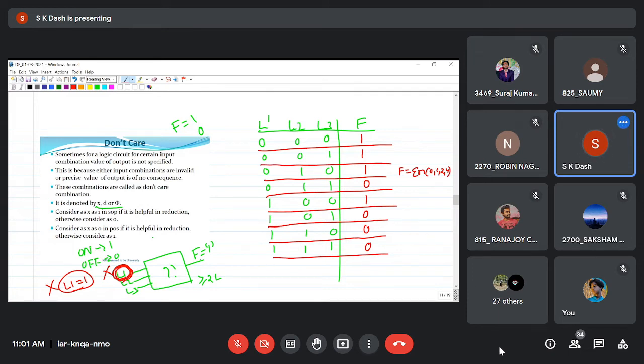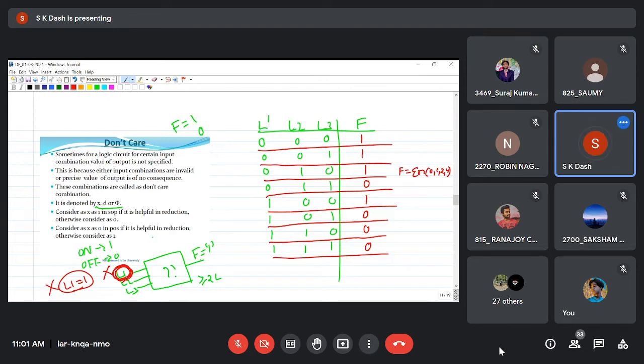But how many inputs do we have in the room? We have 3 inputs, 3 LEDs. So how many possible input combinations will we get? The same 8 input combinations we wrote. But now there is a catch.